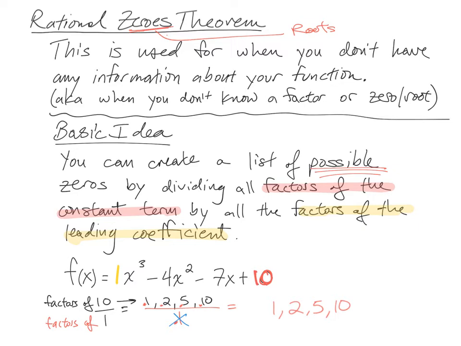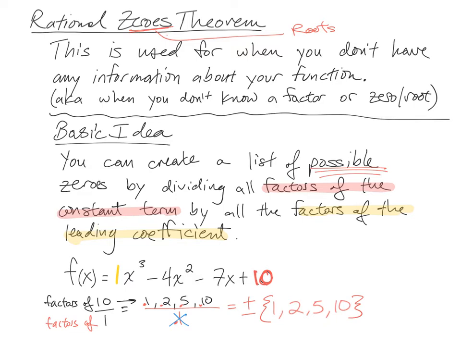Now, to encapsulate all of those negative numbers I mentioned earlier, we put some curly braces around this because that's how you represent a set of numbers. And in front of the curly braces, we just put a plus or minus. And that's it. We have created a list of possible zeros.